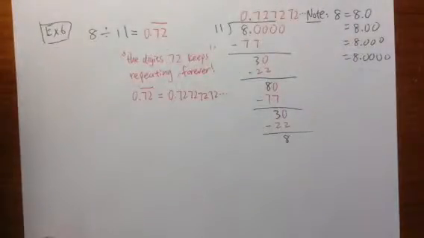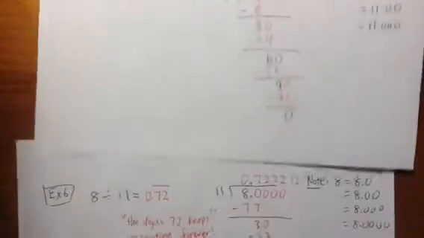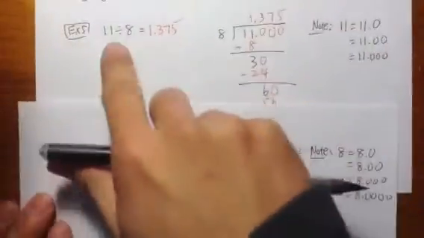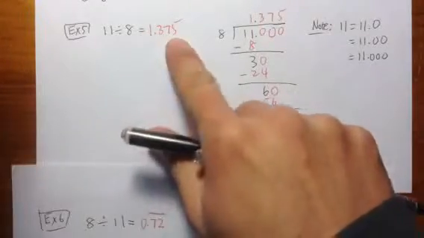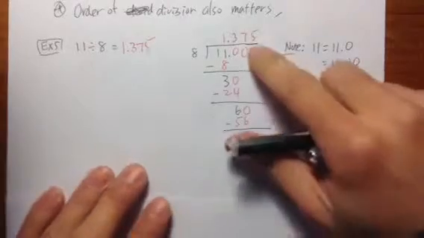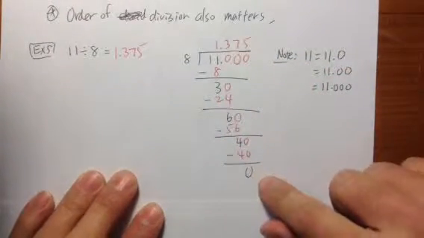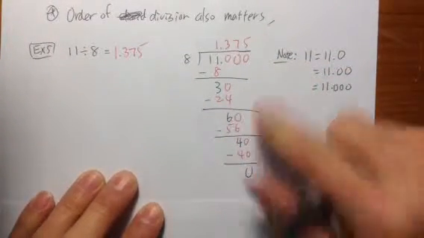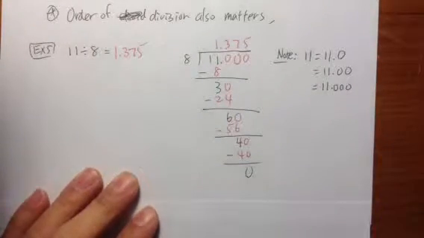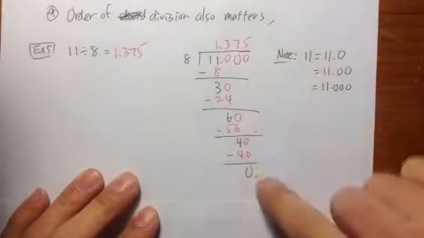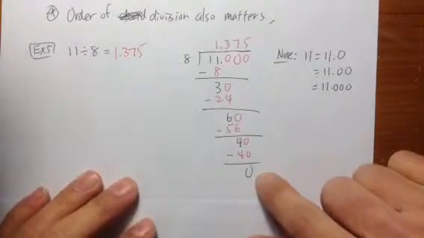So let me bring back example number 5. When we're doing 11 divided by 8, we get 1.375. And then we were able to make sure that the remainder turned out to be 0, right? It only took us 1, 2, 3 decimal places after the decimal point to finish this question.